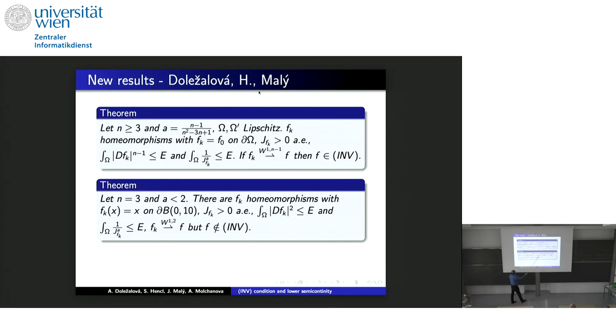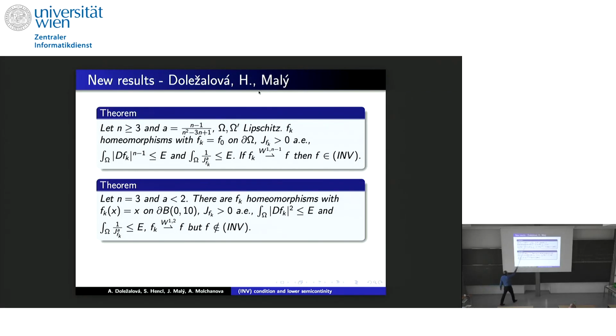We have homeomorphisms with positive Jacobian almost everywhere. They are uniformly bounded in W^{1,n-1}, so this is what the energy must contain. And also the energy contains the integral of 1/Jacobian to this power. And if these two are uniformly bounded, and if you have the weak limit, then already you are in no trouble anymore. The limit already is nice and lies in the correct class.